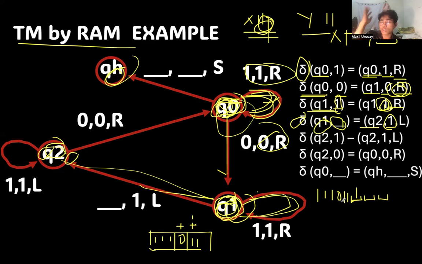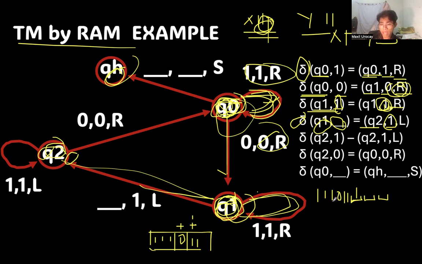So our goal is to add, right? So 1 1 1, and then write 1 on the blank space and move left. So that means we append 1 and start moving back.